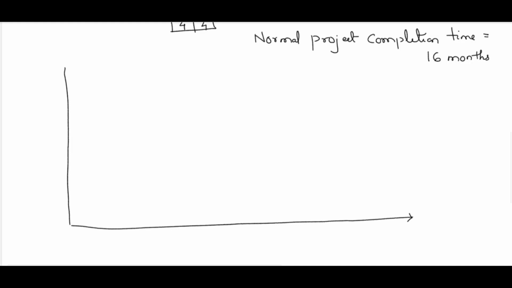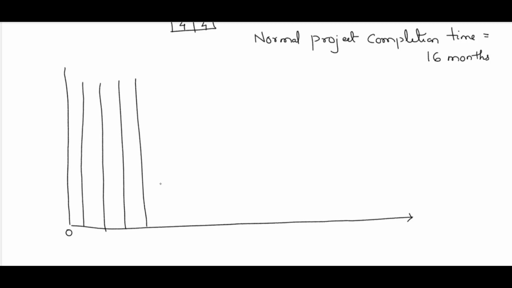Our total project completion time is 16 months. I'm starting from 0 to 16. The x-axis is our time from 0 months to 16 months, so I'm drawing the scale from 0 to 16. It should be straight lines; you can use your pen scale on your copy.